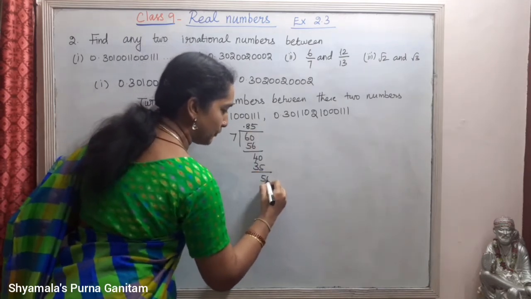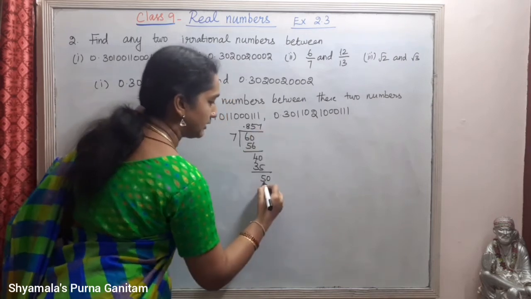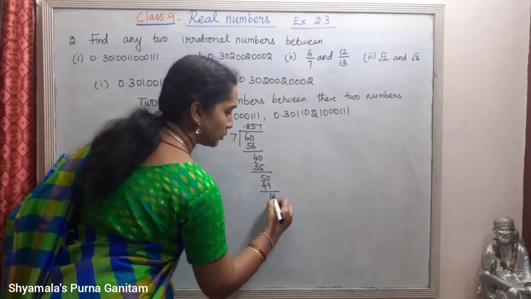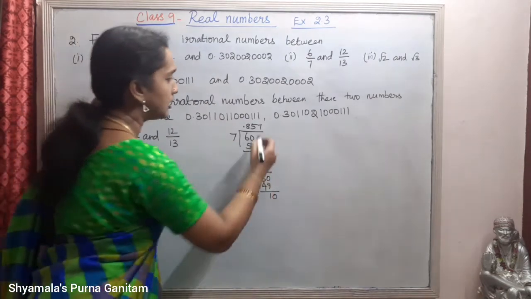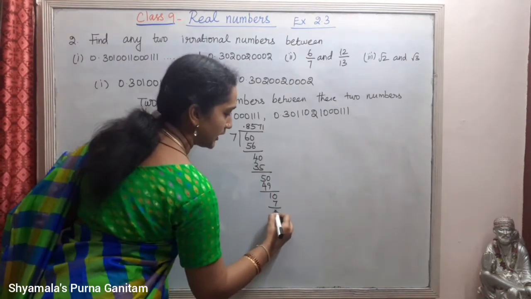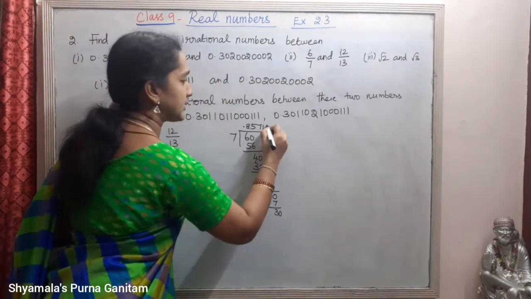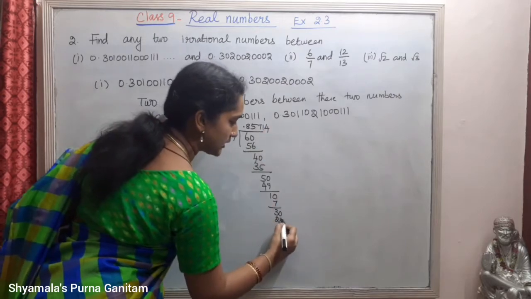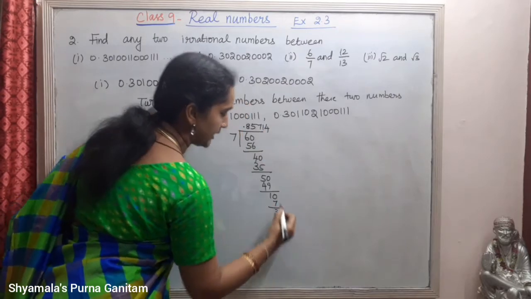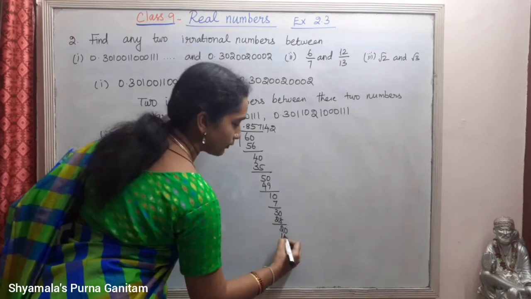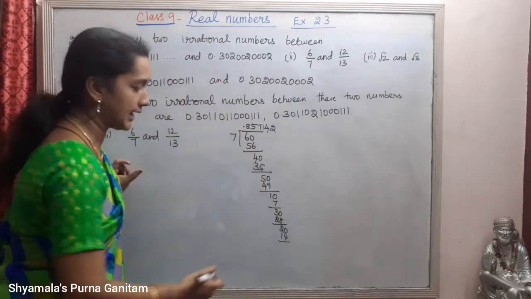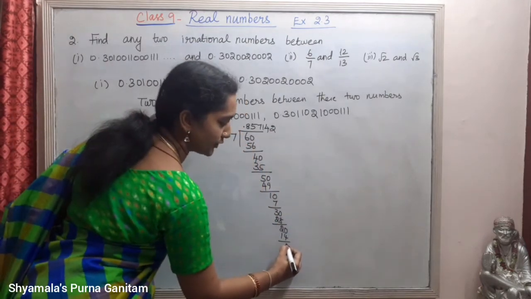Remainder is 5, 50. 7 7s are 49. Then we will get 1 as a remainder. Then 0, 7 1s are 7. Remainder 3, 0. 7 4s are 28. Remainder is 2, 20. 7 2s are 14. So like that it will be extended. So we will stop with this.